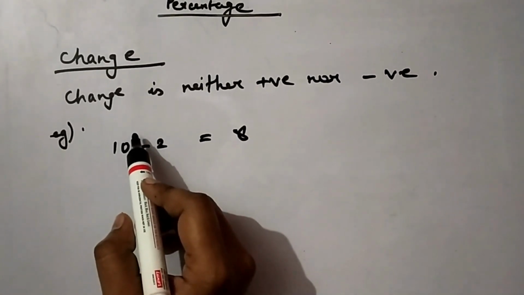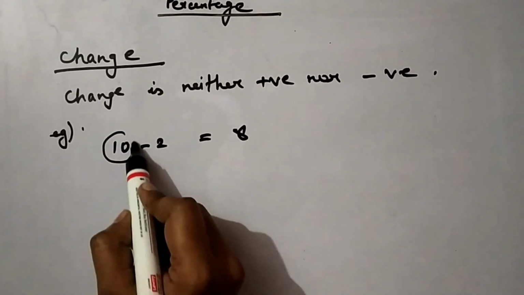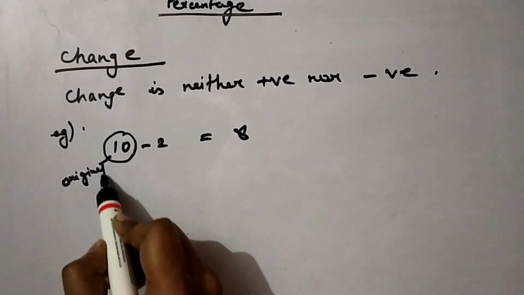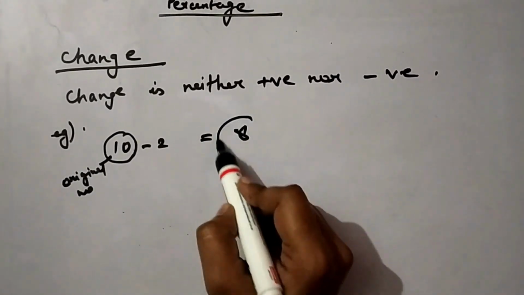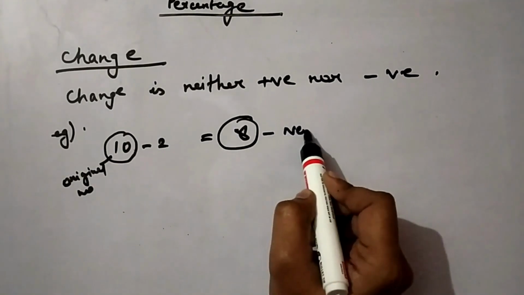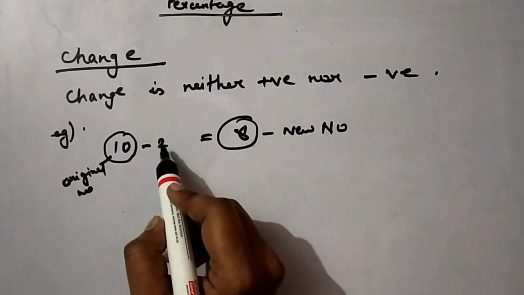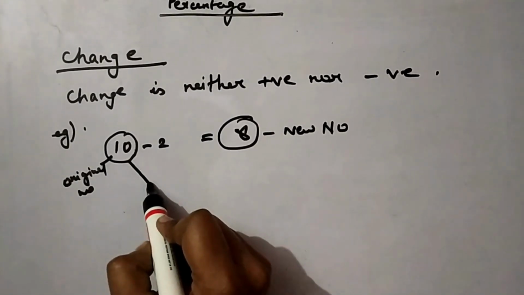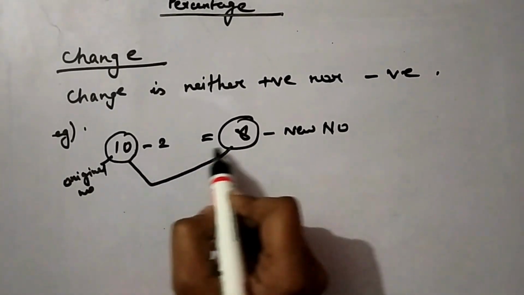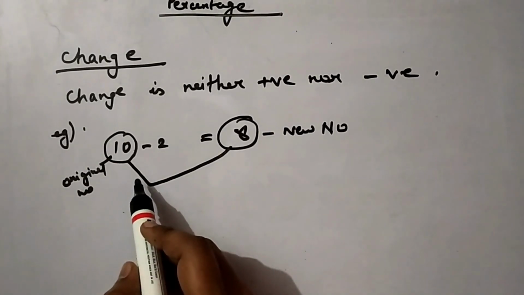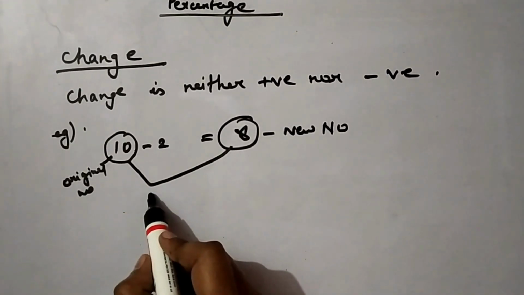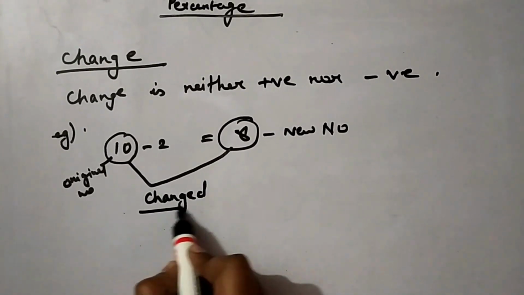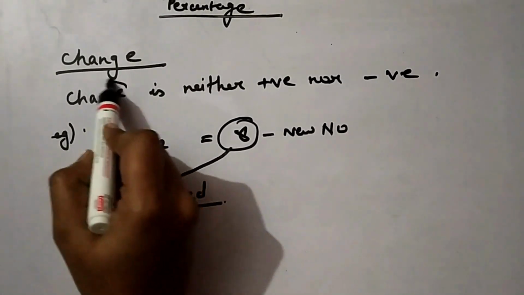So 10 is the original number, 8 is the new number we got, and 10 has become 8, means 10 has changed into 8, so this has changed. This is the change.